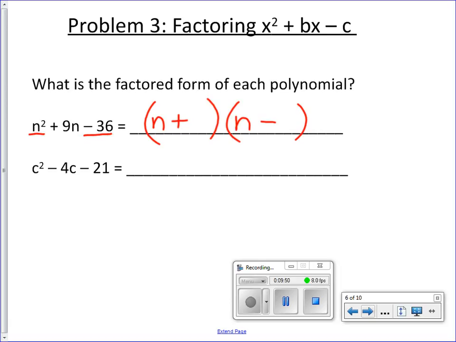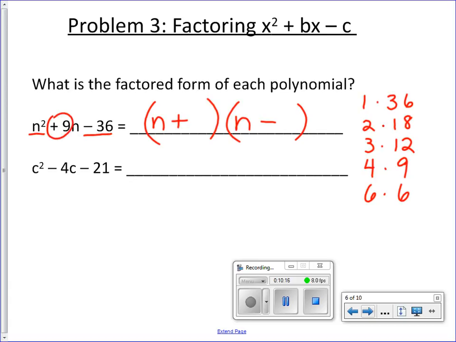So let's make a list of factors of just plain old 36. We have 1 and 36, 2 times 18, 3 times 12, 4 times 9, 6 times 6. All right, now, are any of these going to add up to a positive 9?